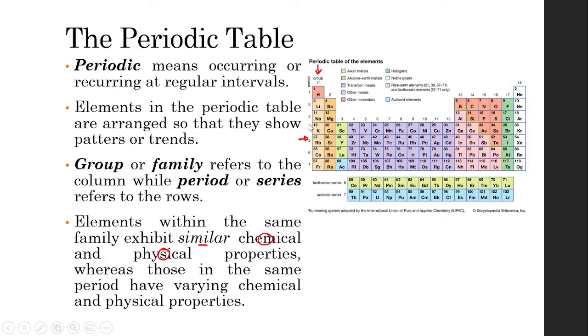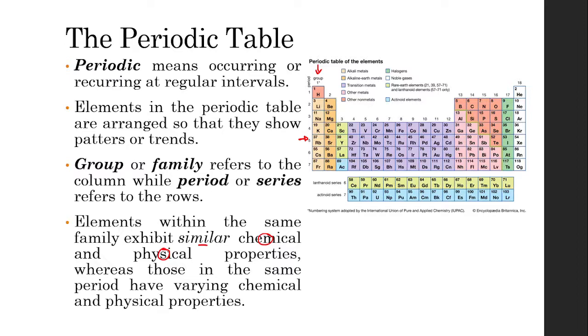And that is because, again, the elements that fall within the group exhibit very similar properties. And back then, we did not actually understand why. Why do these elements within the group exhibit very similar chemical and physical properties? It was not until very recently that we discovered the reason for that.